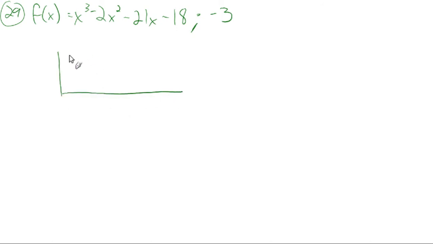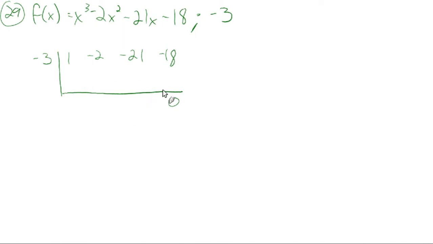Okay, well, what if we set up this synthetic thing here? Whether we look at this as synthetic division, synthetic substitution, whatever the case may be, we're saying that if we put negative 3 into the function, we should get 0. We should wind up getting 0 at the very end. Remember synthetic substitution.